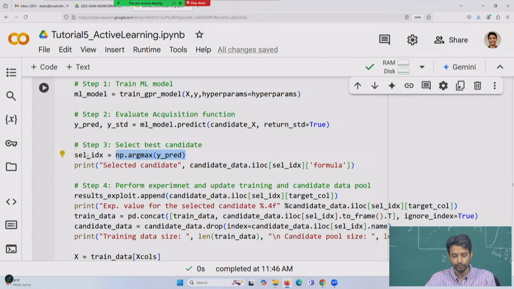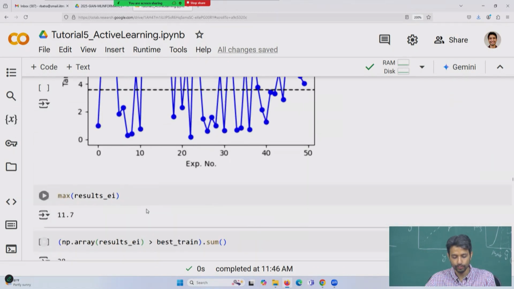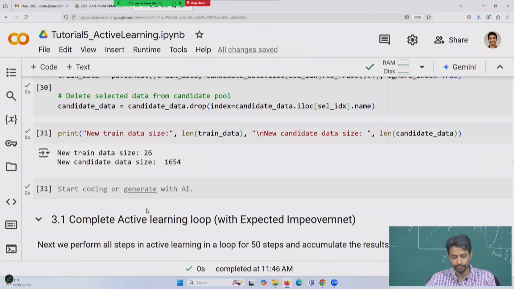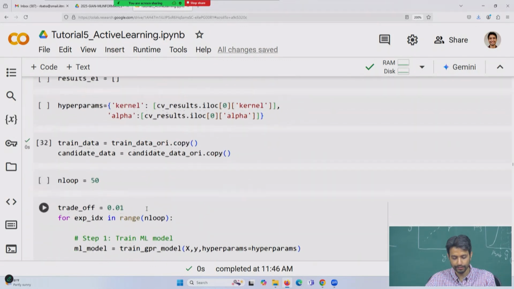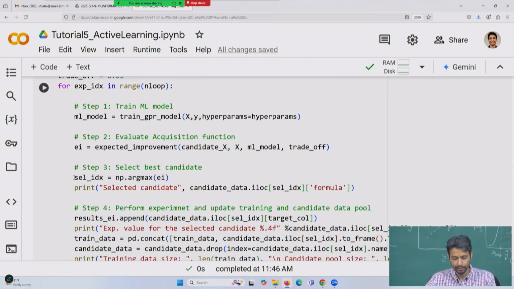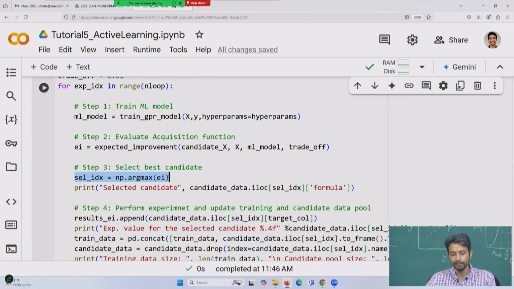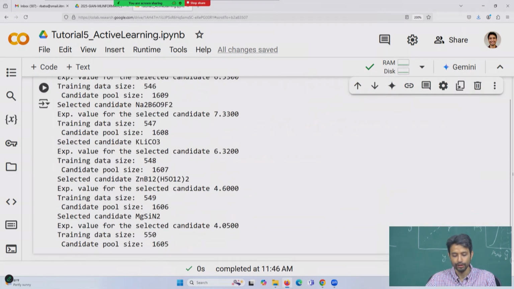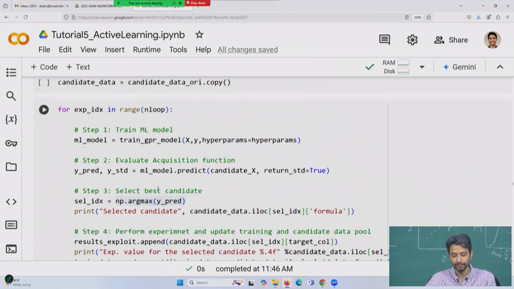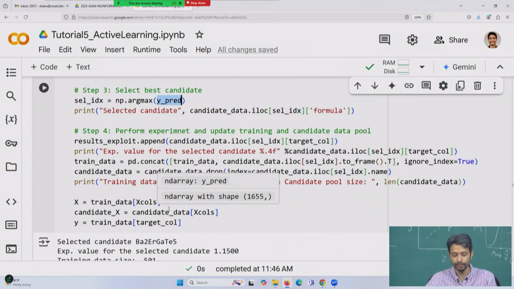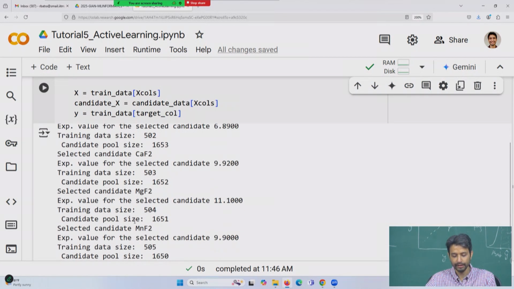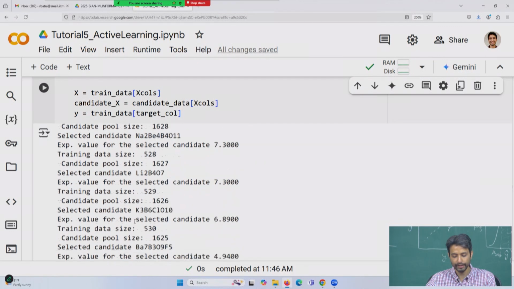Compare this to what we were previously doing: in the previous case, we had based it on maximum expected improvement. Now we have just changed that line and made it based on maximum predicted band gap value, and you rerun this, and this is how the results will look.